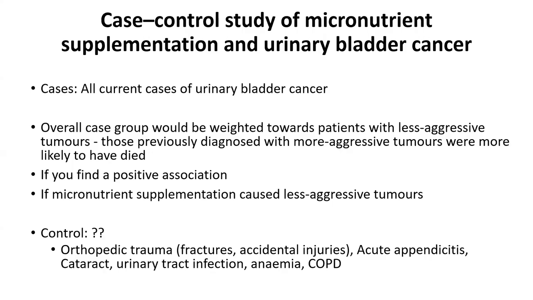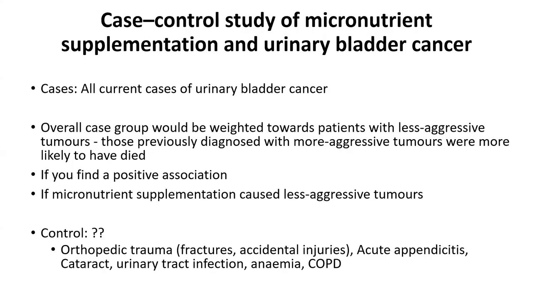But in reality, what is happening might be that micronutrient supplementation is associated with less aggressive cancer. They are surviving, and therefore you are finding a particular association. So you should learn to ask questions whether some such thing is happening when you find an association.